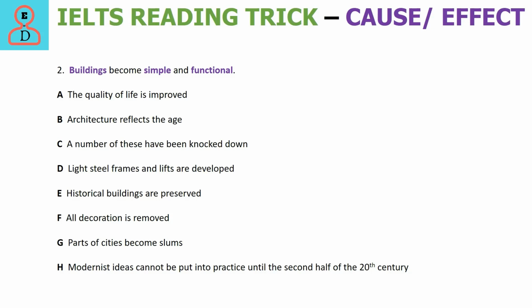A simple thing is one which is not swanky or expensive, or a simple building is one which does not have such materials, or in other words, a building which is not decorated much. So, to make a building simple, we would remove expensive or decorative things, which fits with option F. Hence, option F is our answer.